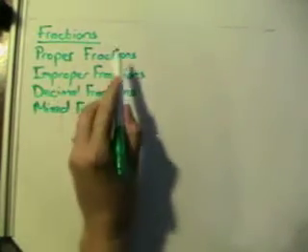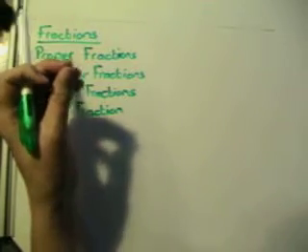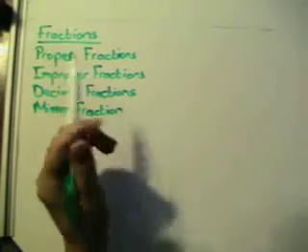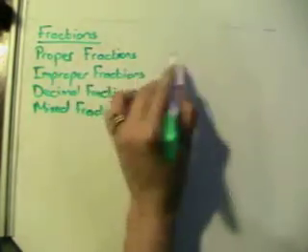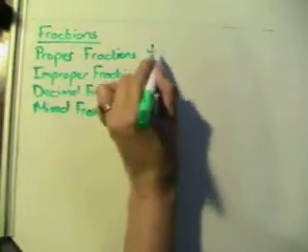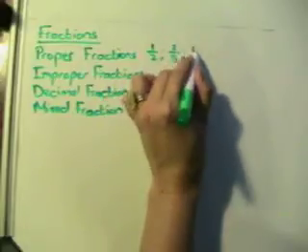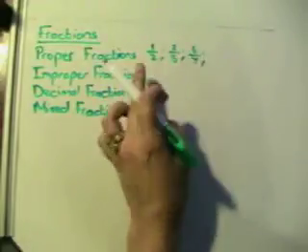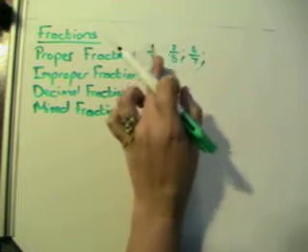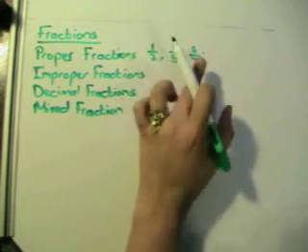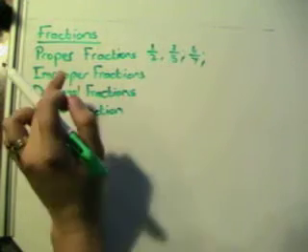Now, proper fractions are fractions where the numerator is smaller than the denominator. These are usual fractions like you know them, like a half, 2/5, 6/7, etc., where the numerator, the top number, is smaller than the denominator, the bottom number.